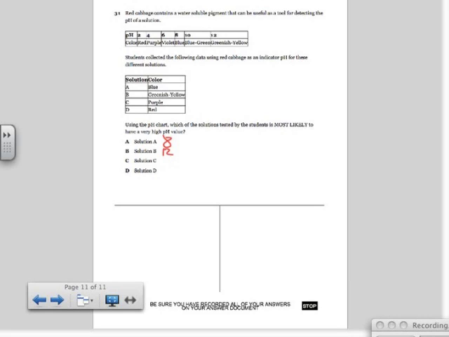Then we have solution C, and C was purple, and purple shows in our chart to be a 4. And then solution D is red, and red is a 2. So we're looking at a high pH. So our answer on this one is going to be solution B, because it had a 12.